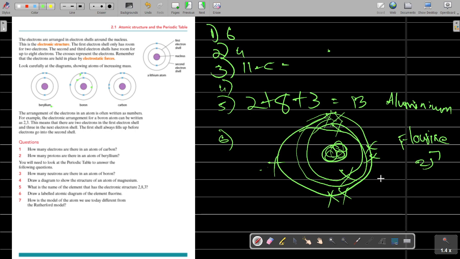Fluorine 2, 7. This is the nucleus. This is the electronic shell.